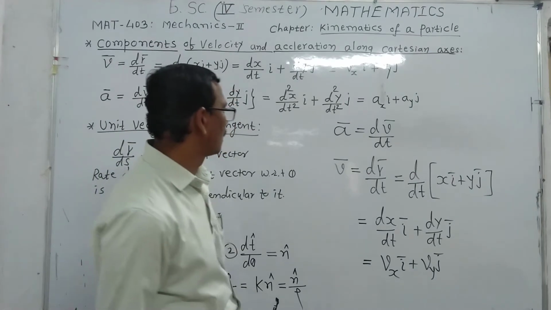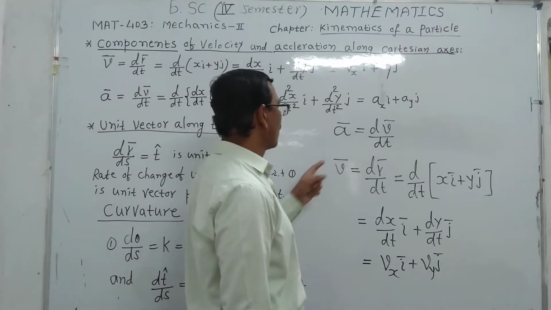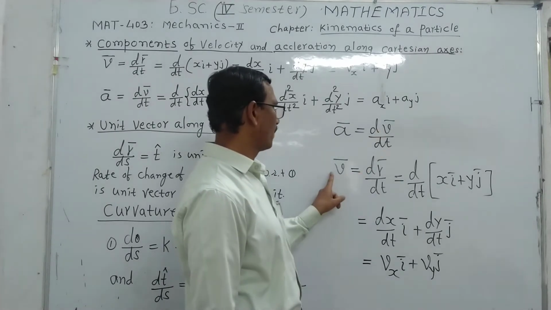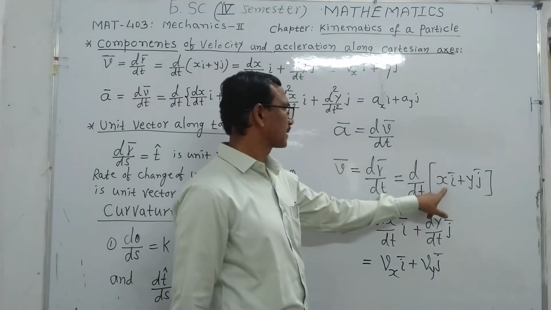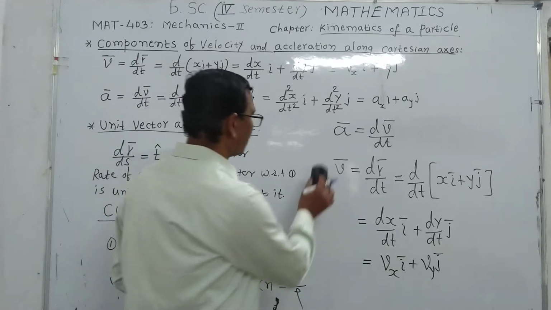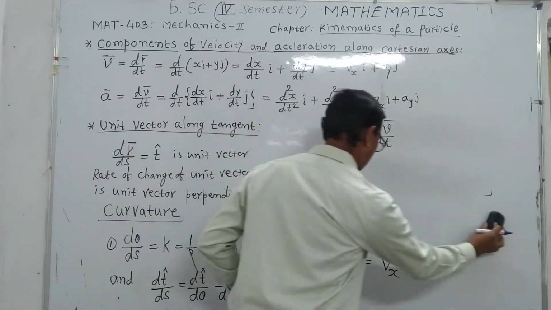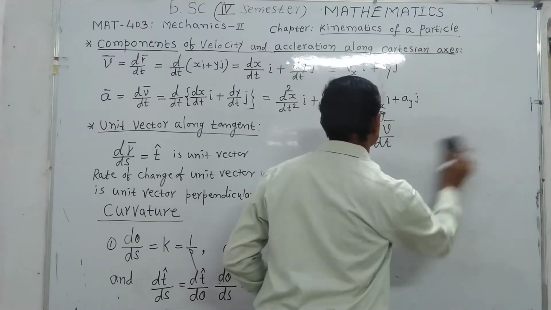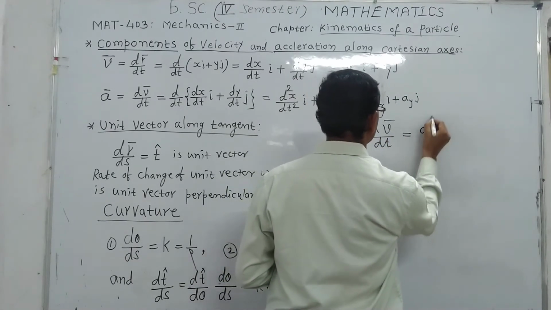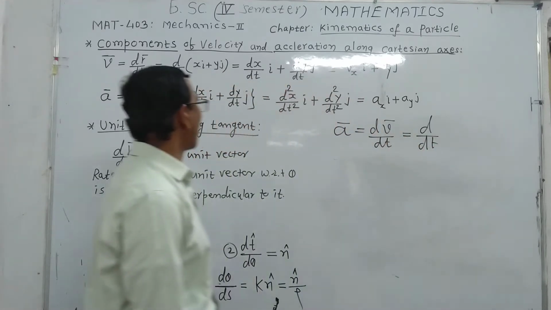And therefore, we have v bar as x i plus y j, or you can write separately. This is equal to d by dt of v bar.